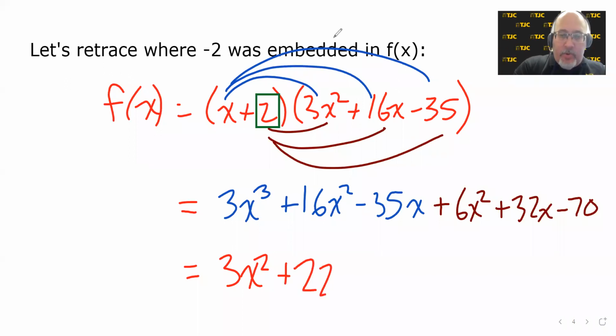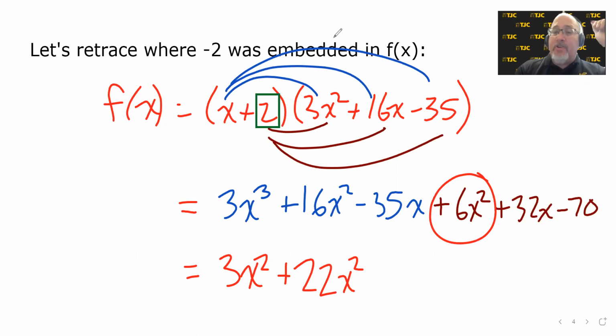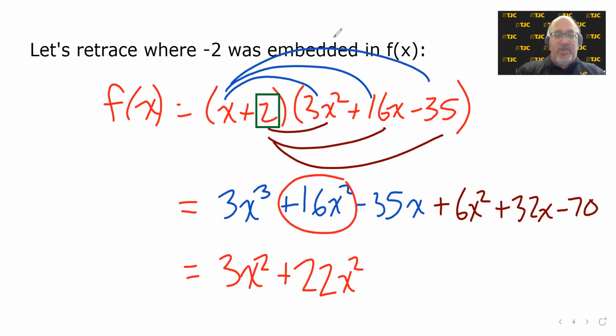Now, the 22 was made from the 16 and the 6, which contained the 2, but the 6 just got added to the 16 to make the 22. So I lost track of the number that was containing the 2. And you might be thinking, but 22 is a multiple of 2. That was a coincidence because the 16 here was even.